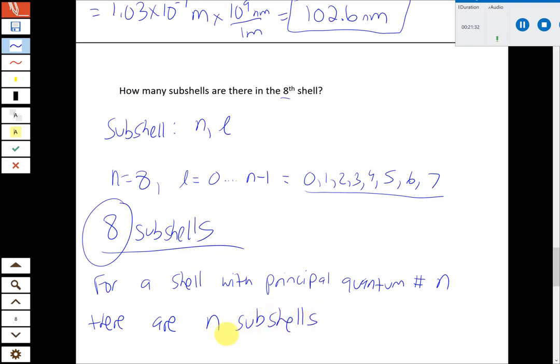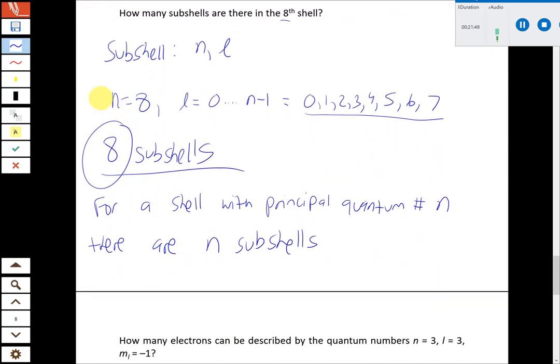So n equals 1 has 1 subshell, n equals 2 has 2 subshells, n equals 3 has 3, and so on. This is not a difficult relationship, and it comes from how many allowed values of L there are. We had a little bit of trouble with that one for some reason, but it's a very simple relationship that hopefully you'll remember now.